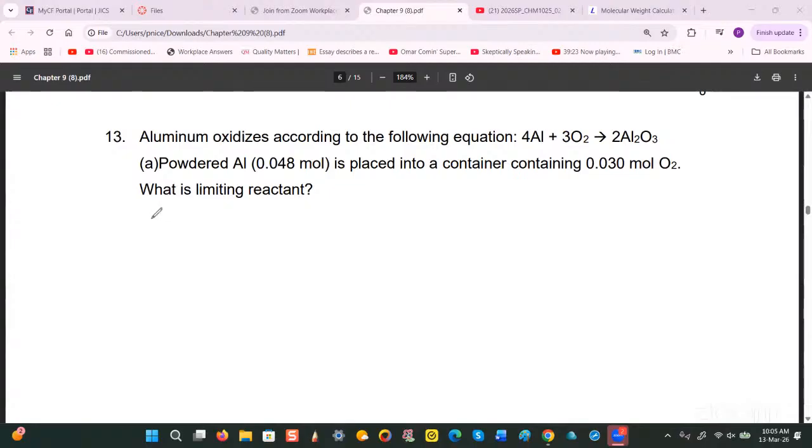Take the 0.048 moles of aluminum. What would you multiply that by?